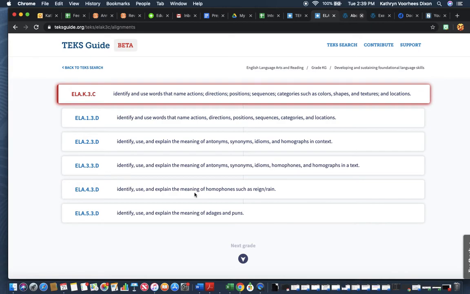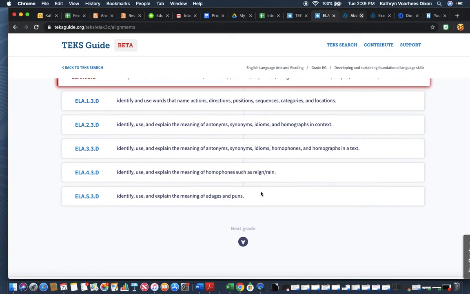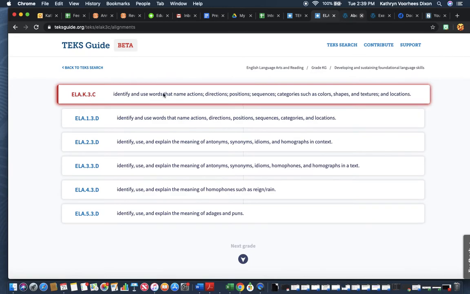So why is it spelled the way it's spelled? When do we use each version within the context of different sentences for different meanings? And then fifth grade, it goes into the meanings of adages and puns. And so we can see here that we're looking at identifying and using in the first couple of grades.